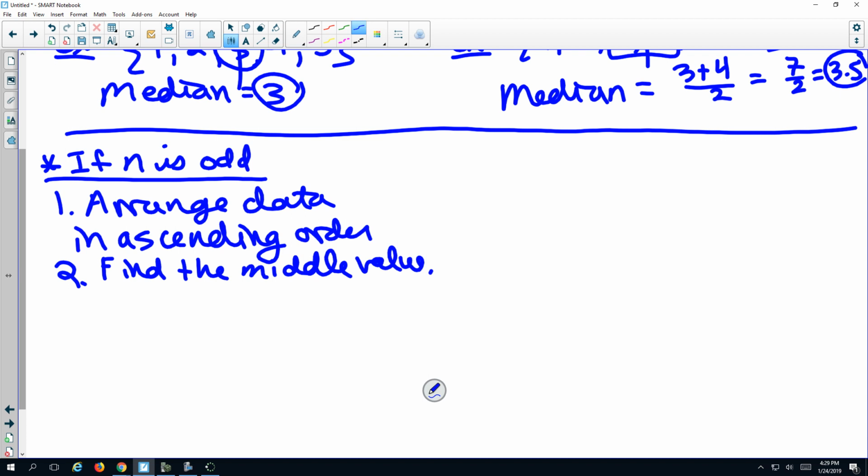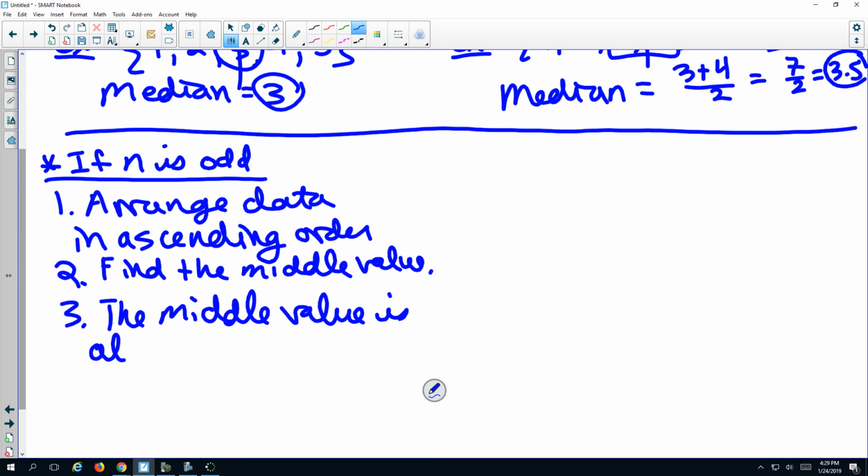And there's a trick to it. I'll show you the trick. The middle value is always in the n plus 1 over 2 position.